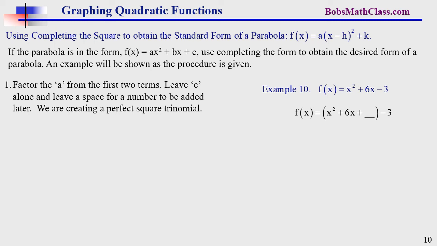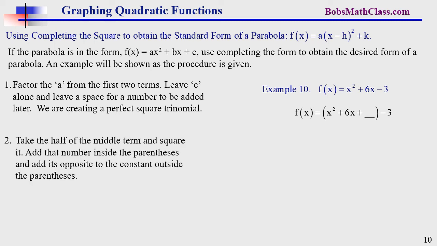Now this is the part where we're making a perfect square trinomial. We take half of the x term, then square it. We're going to add that number inside the parentheses. Then we're going to add the opposite outside the parentheses. So again, what we did is we added that number to both sides.